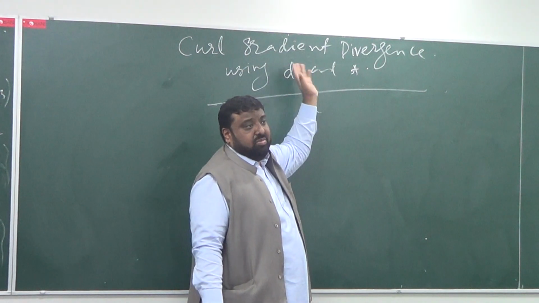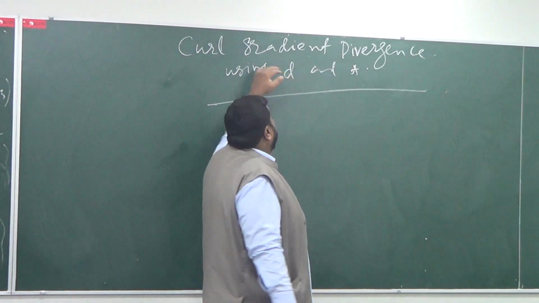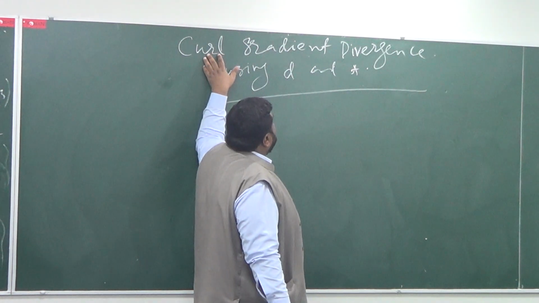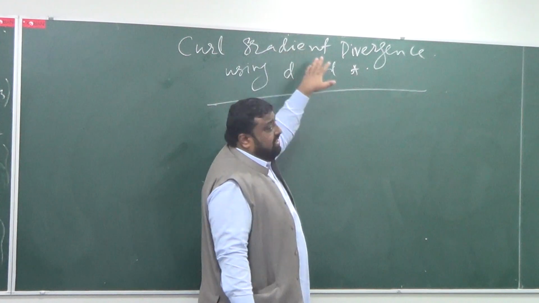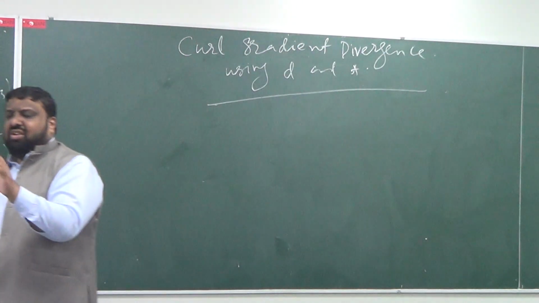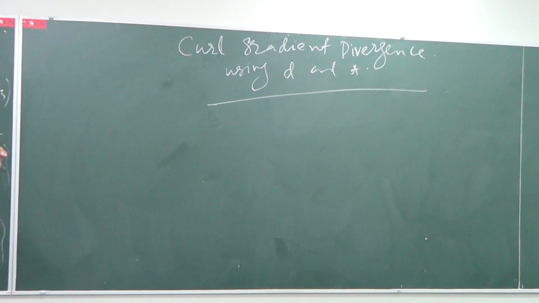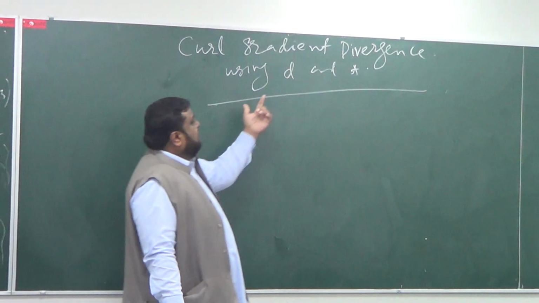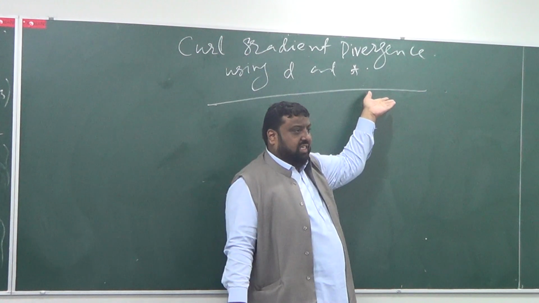Not only this but many other things as well. So in other words, the gradient, curl and divergence can be put into a single form. Not only a single form, but they can be expressed using the exterior derivative and Hodge star.